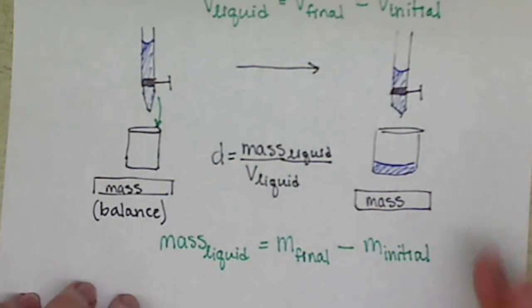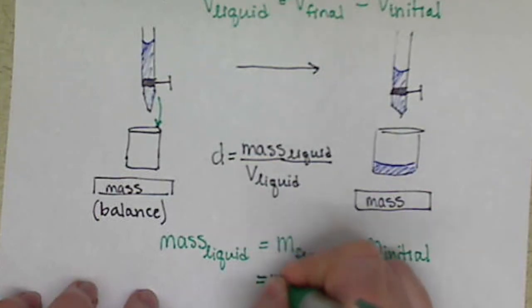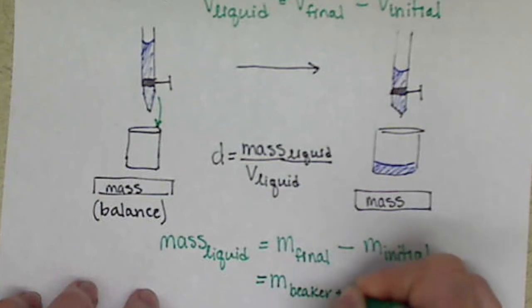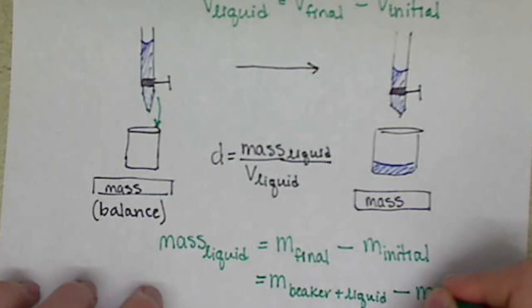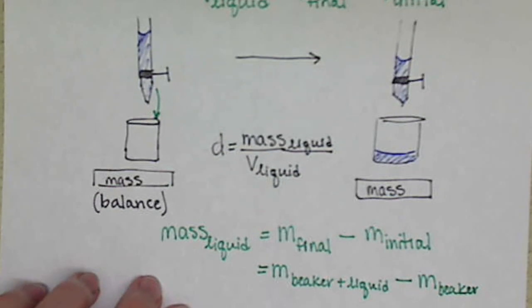Or a different way of looking at that, your mass of your liquid is going to be the mass of the beaker plus the liquid minus the mass of just the beaker by itself. Okay, that's another way of looking at it.